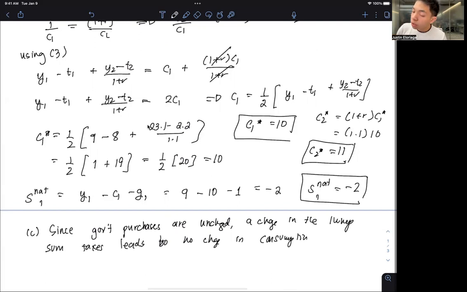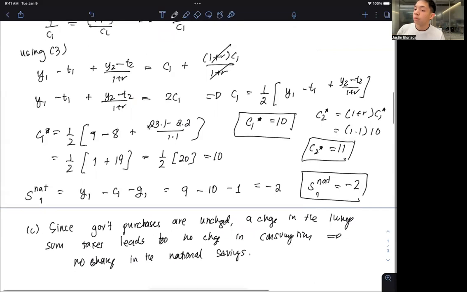And of course, because there's no change in consumption, there will be no change in the national savings. So there will be no change in the national savings.